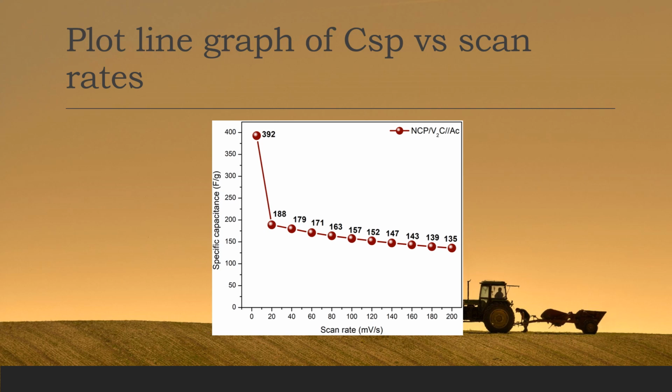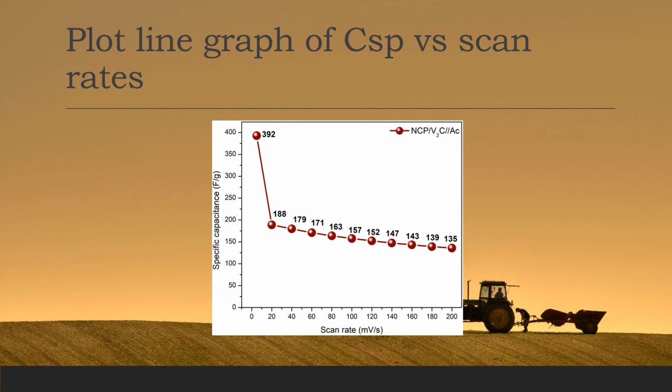So you need to give some explanation of why the specific capacitance suddenly decreases as the scan rate increases. You can say that it can be noted that the decline in the specific capacitance at higher scan rate is due to the insufficient time and also the non-utilization of the whole active mass with electrolytic ions.